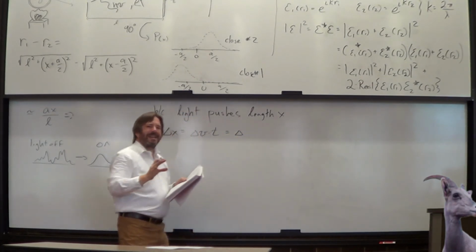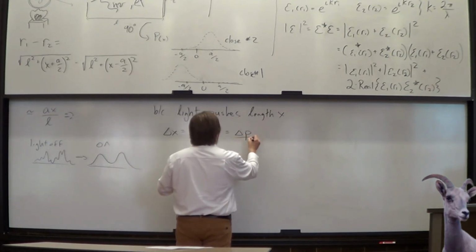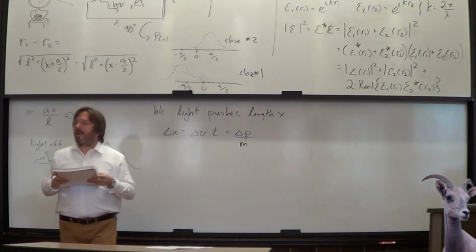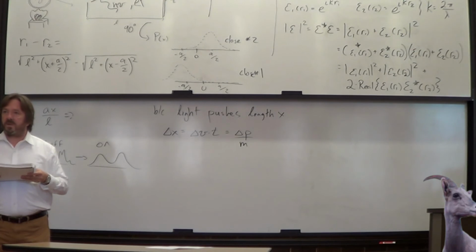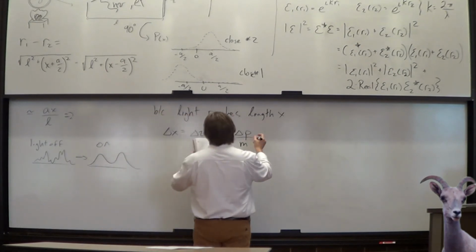Because I'm talking about light, I know what the momentum of light is, so I'm way better off changing velocity to momentum. So you can think of this as delta P: no light, which is no momentum, versus scattering off light, and that is h over lambda. Anyway, step by step.